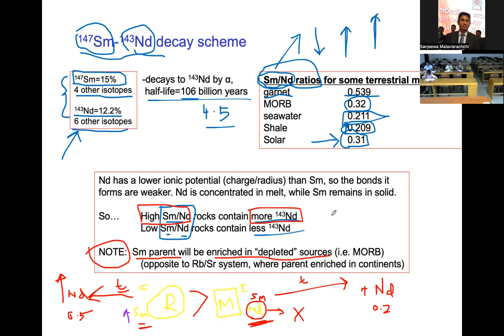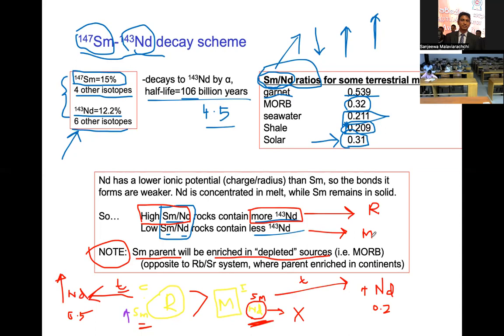So in the case of residue, I put R there, you will have higher neodymium isotopic ratios, and in the case of melt, you will have lower neodymium isotopic ratios. Okay, this feature is there for the samarium neodymium isotopic system.